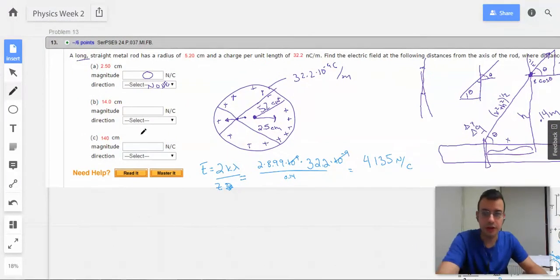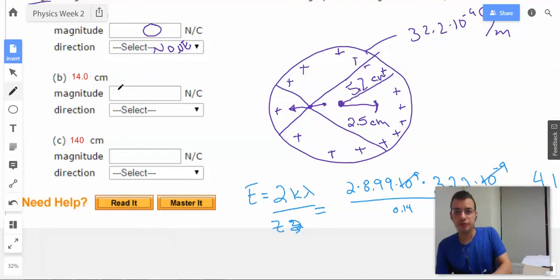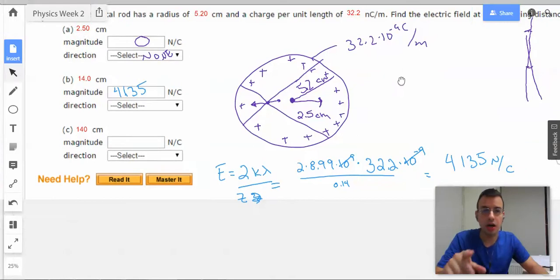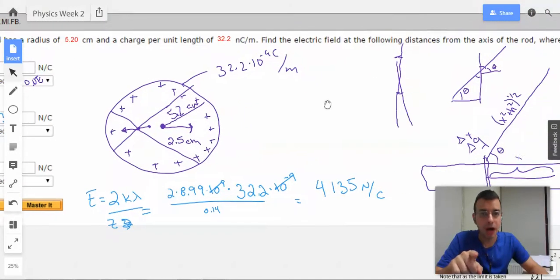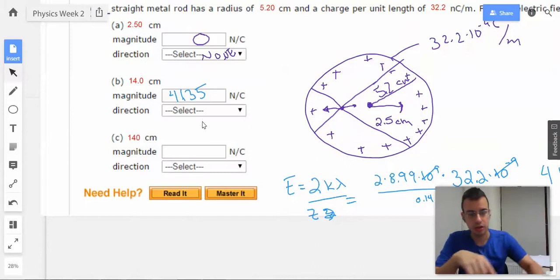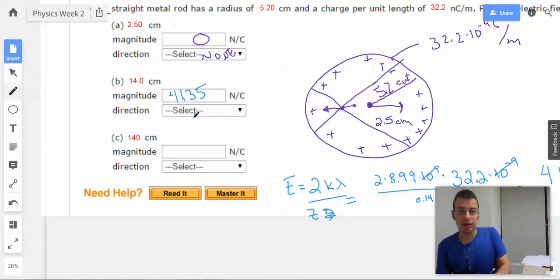So this will be 4135 newtons per coulomb. And these are positively charged, so it's going to be outward from the conductor, because sources send electric field lines outward.